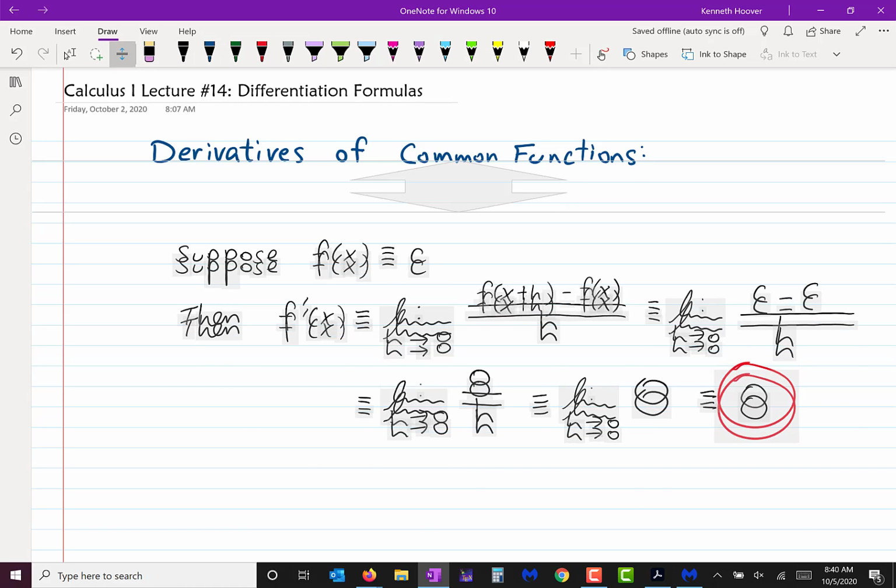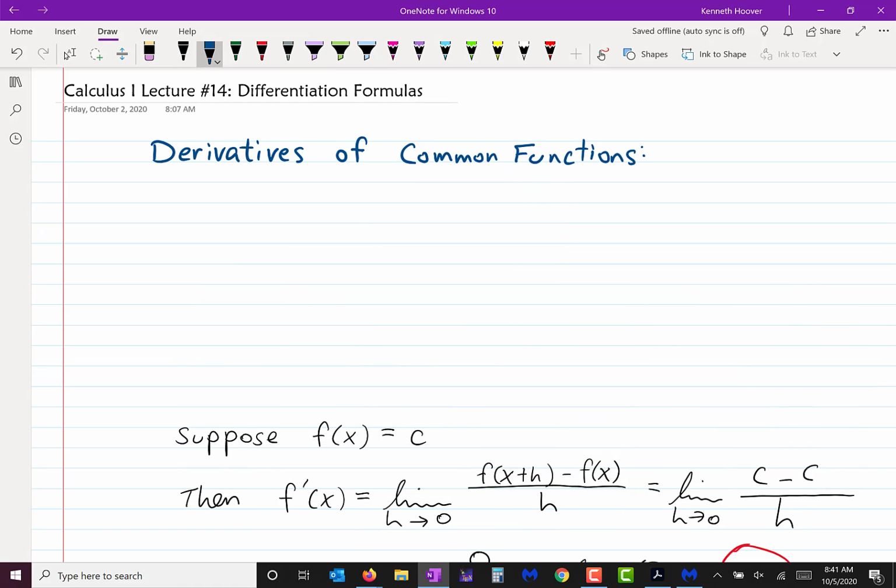Okay, and we have our first one here, the derivative of a constant. Now, it doesn't make any sense really for me to write c prime, so I'm going to use the other symbol, the d over dx one. Okay, so that's the derivative of a constant, and that equals 0. Okay.